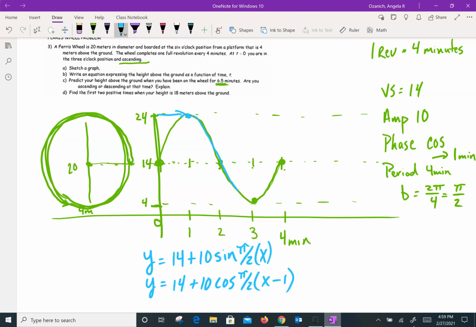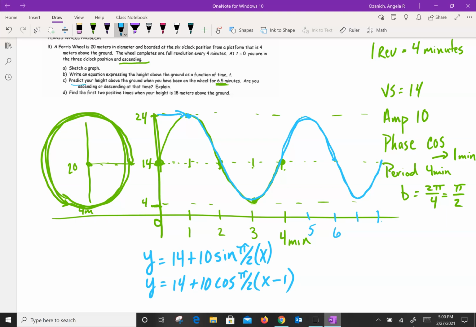Let's keep going here, 5, 6, 7, 8, and just see what we think is going to happen as you continue round the circle that we're going.